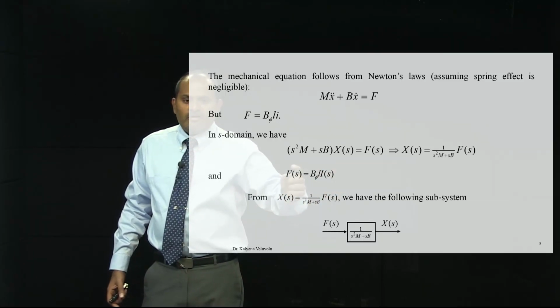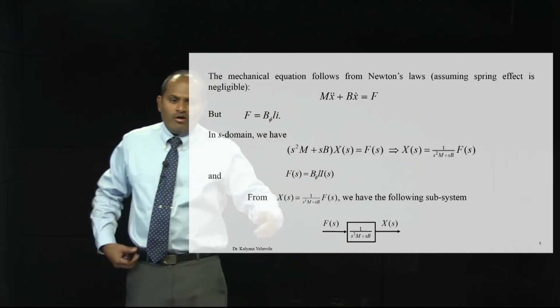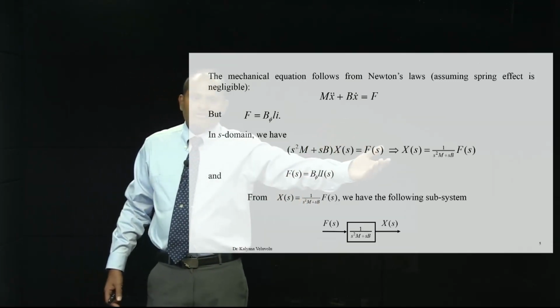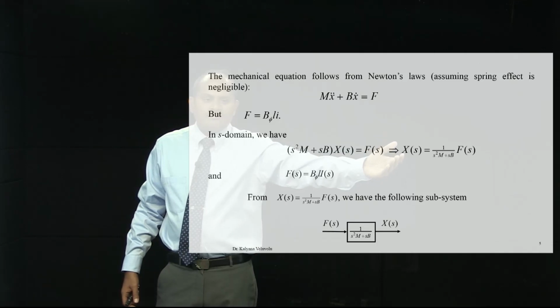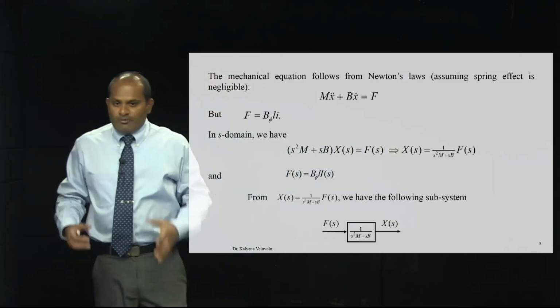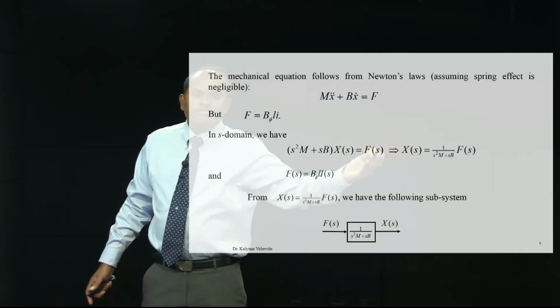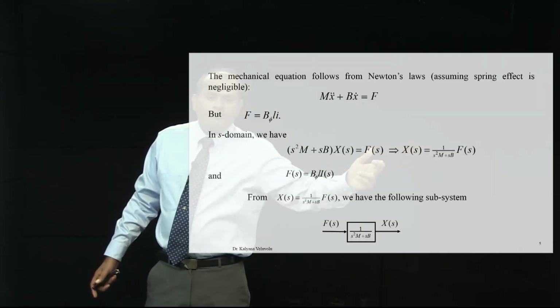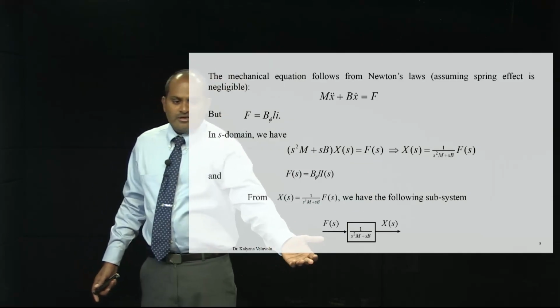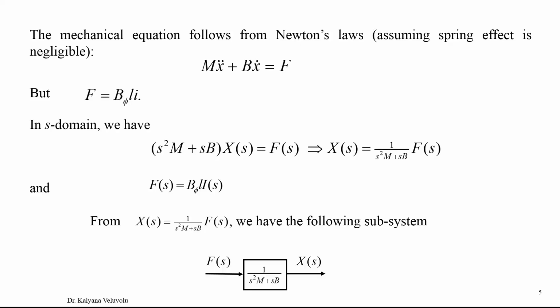Now, we can write this also in the form of a block diagram. First take this function x of s is equal to 1 by s squared m plus s b into f of s. I can put it down into a block diagram. What we see here is that the force produces displacement. The force is the input, x is the displacement.